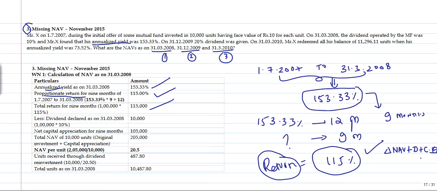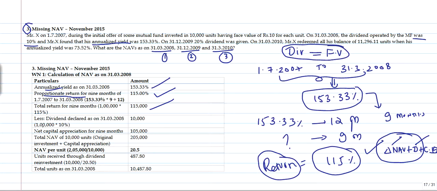Capital distribution is not given here. Dividend is there, capital appreciation will be there. So 1,15,000 is the overall return. In that we received a 10% dividend from the MF. Dividend is always calculated on face value. Again an important point.